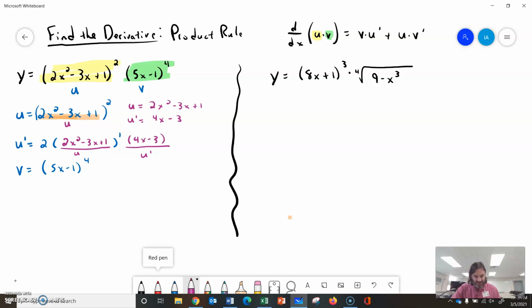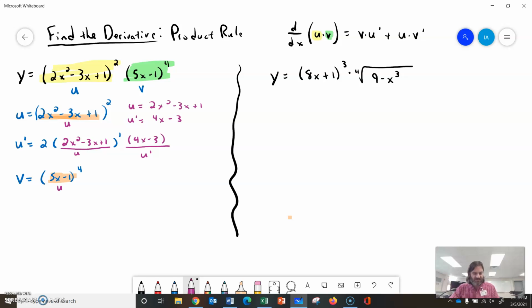Okay, so let's try and make a little bit more room for the v here. I'm not going to put my efforts into cleaning up the u prime there, maybe when I rewrite it. But v we said was 5x minus 1 to the fourth. So once again, we can use a chain rule on that.